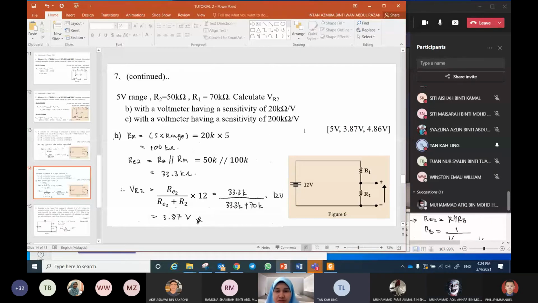Voltmeter with sensitivity of 200K ohm per volt. So, what is the next step? What is the first step? Are you calculating? It might take me some time. Siti Maisarah, what is the first step?